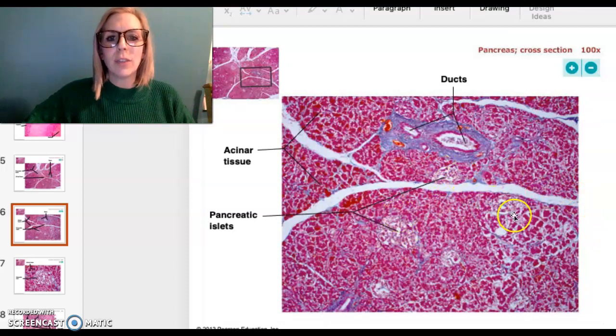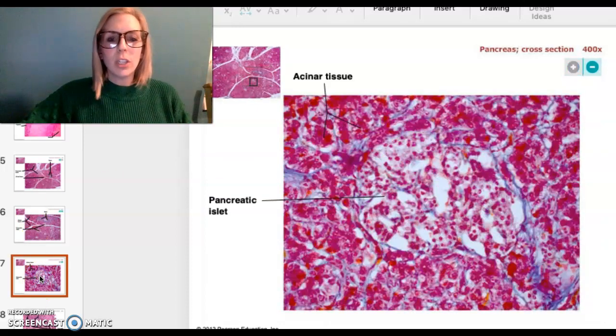They do look different than the other tissue around, that acinar tissue, which is just going to sit around that endocrine material. That is your exocrine material. And you're going to have these ducts and these pathways for your exocrine secretion into the digestive tract. Okay, the pancreatic juice helps with digestion, and the pancreatic islets are producing the insulin and the glucagon.